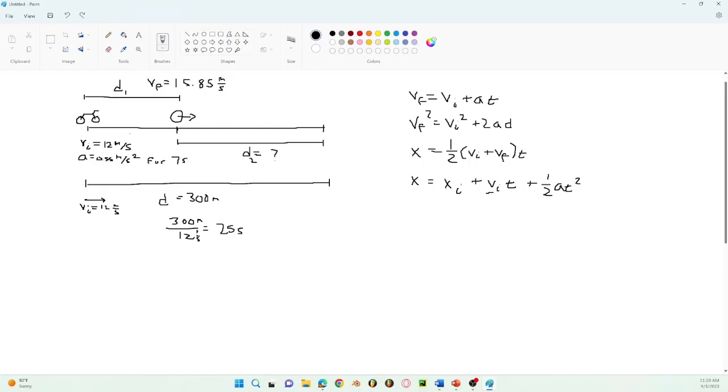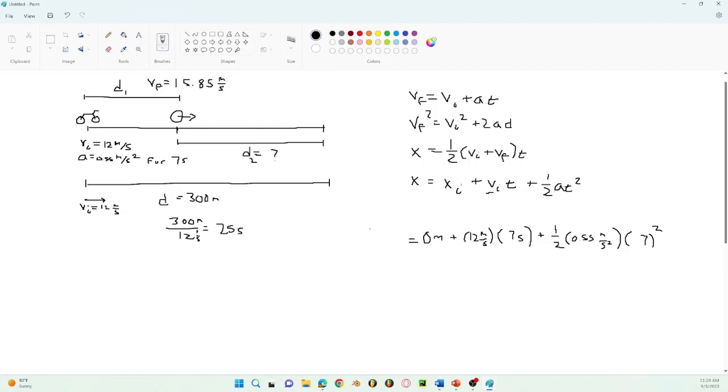So the distance that was covered in D1 is going to be equal to the initial position, which is 0 meters, plus the initial velocity, which is 12 meters per second, times the time, which is 7 seconds, plus 1/2 times 0.55 meters per second squared times the time squared.